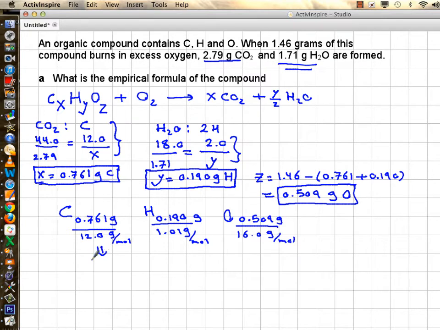When you do this, the fraction here is 0.0634. Here you get the same number, 0.190, and here you will get 0.032. The smallest of all three numbers is 0.032, so let's divide by that and come to the simplest whole number, hopefully.